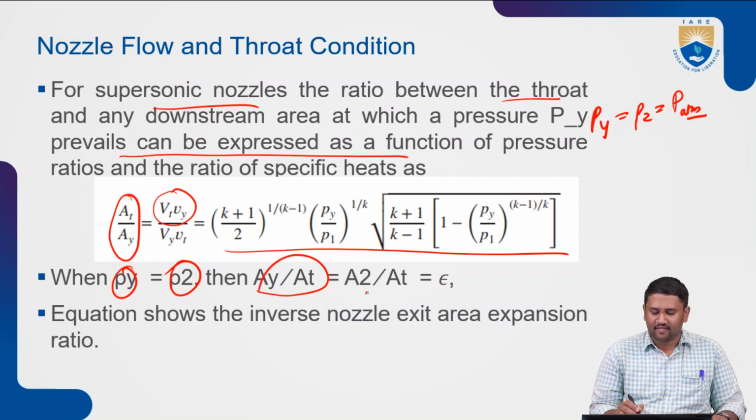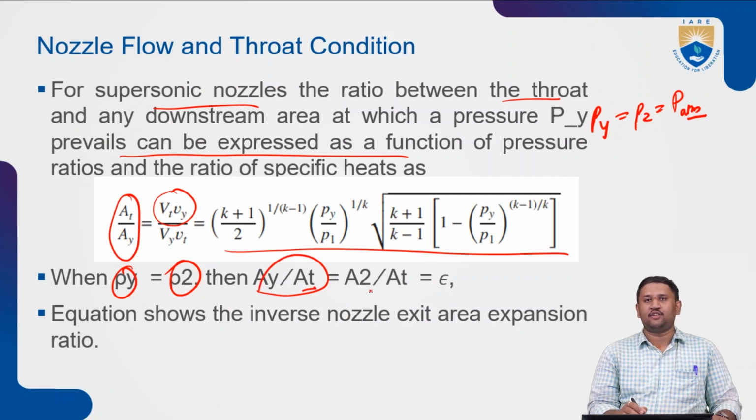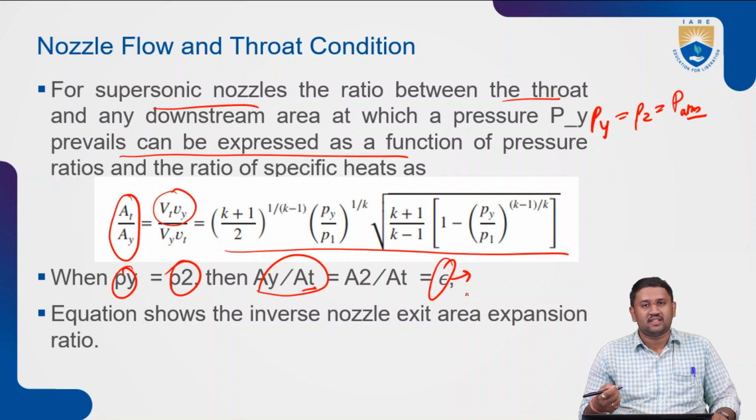And the area ratio, particularly exit area to the area of the throat, is equal to A2 by A1, which is also given as epsilon, as we discussed earlier, where epsilon is my nozzle area expansion ratio.